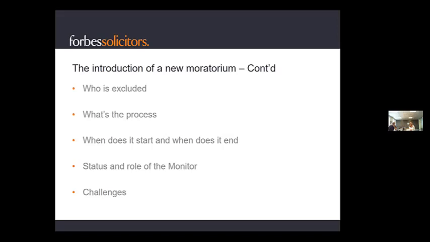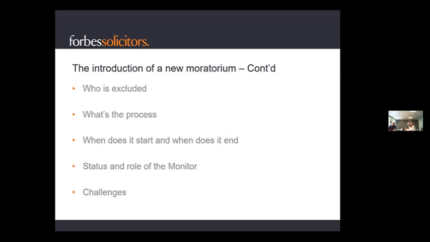Unlike administration, there's no provision whereby the monitor can grant consent to such proceedings during the moratorium itself. In addition, during a moratorium, the holder of an uncrystallised floating charge on the property of the company is prohibited from giving notice which would either have the effect of A, causing the floating charge to crystallise, or B, restricting the disposal of property of the company. This is to allow the business to continue to trade normally during the moratorium itself.